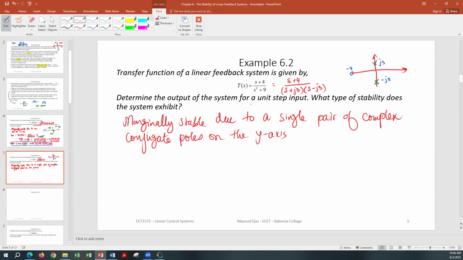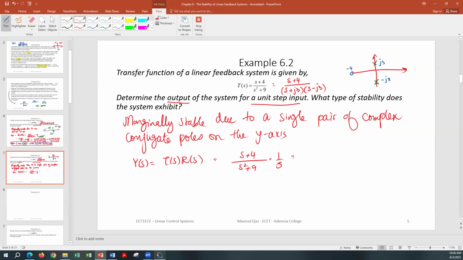All right, again we are exciting the system with the step input, and we have to calculate the output of the system. So again, Y(s) is equal to T(s) times R(s), which is (s plus 4) over (s square plus 9) times 1 over s.